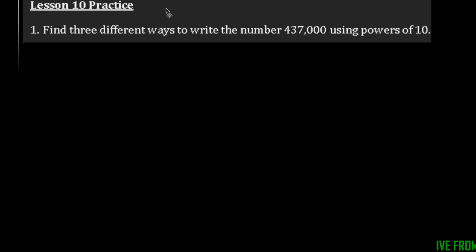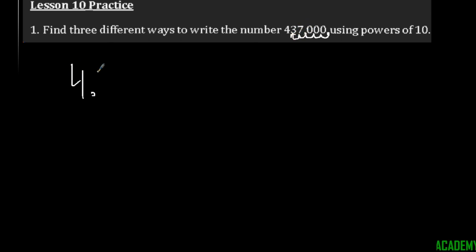All right, moving to the back of that first page. Now it says to find 3 different ways to write the number 437 using the powers of 10. So what we can do is write it like this. Each of these are going to be different values. So if I have my decimal place here, I have 1, 2, 3, 4, 5 decimal places I'm moving it.